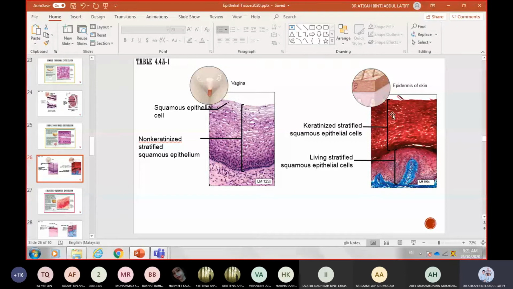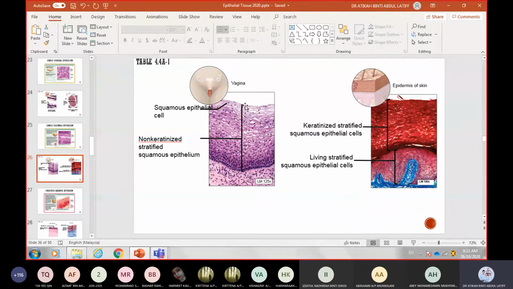So only in the epidermis of skin you have keratinized or keratin layer, which is this whole red layer here. However, if it's non-keratinized, you don't have the layer of keratin, you have the epithelial layers directly.